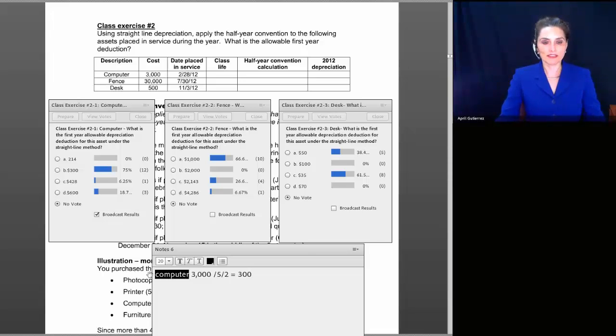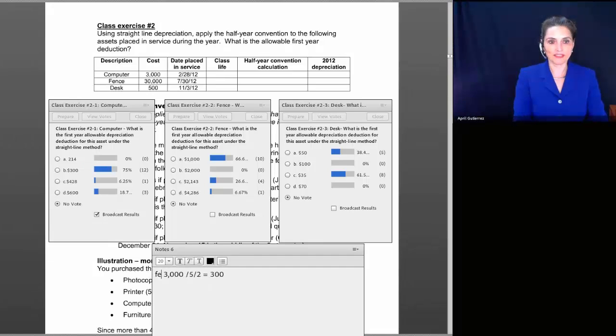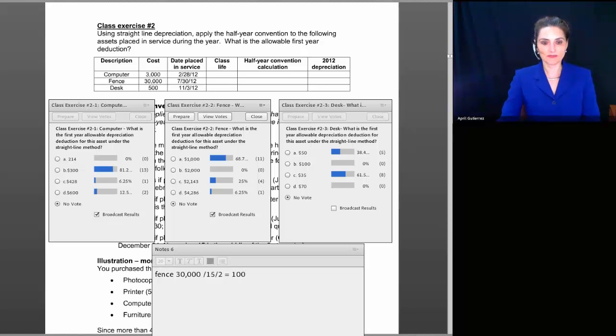The next asset in line is the fence. And what is the depreciable life of a fence? 15 years. So on the fence, we're going to say $30,000 of cost divided by 15 years divided by 2. And when I do that, I get $1,000. And then the final question is to do with the desk.